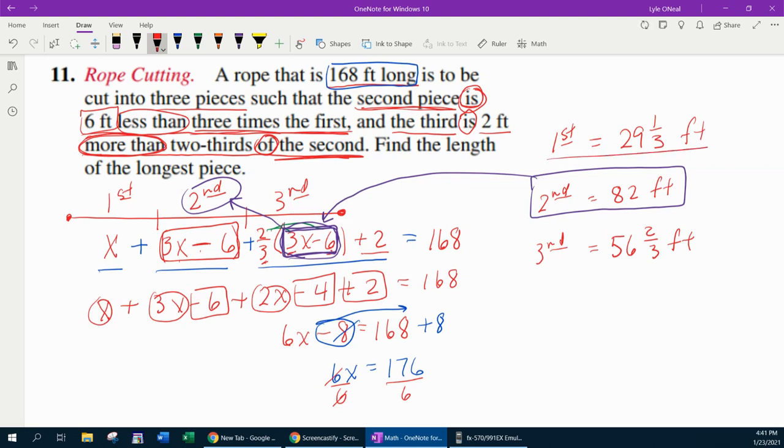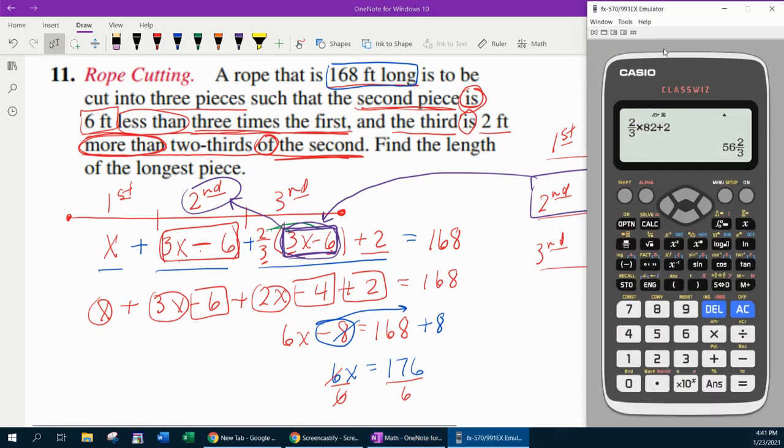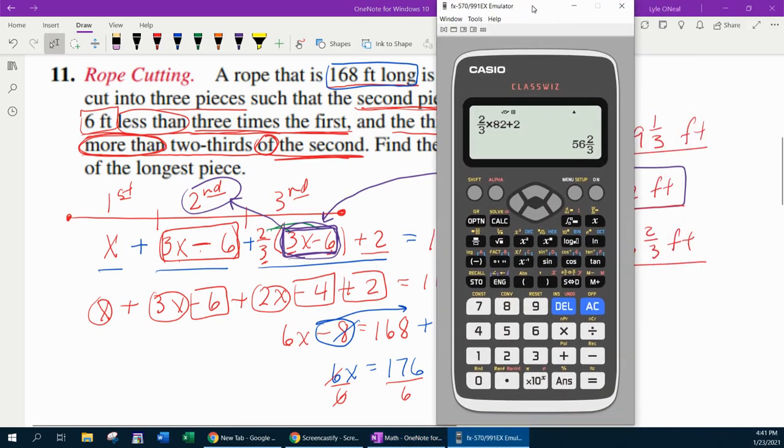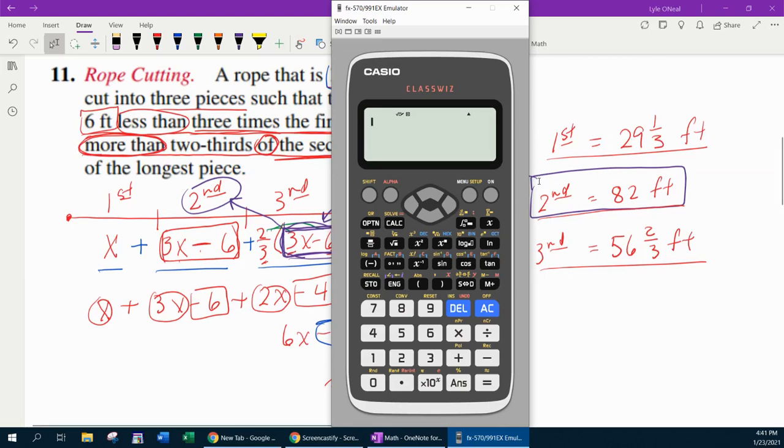We've got the length of every piece. And what I'm going to do is I'm going to use my calculator to check and see if I'm right. If I add all three pieces, let's see, 29, shift fraction is a mixed number, 29 1/3, plus 82 plus 56 2/3.